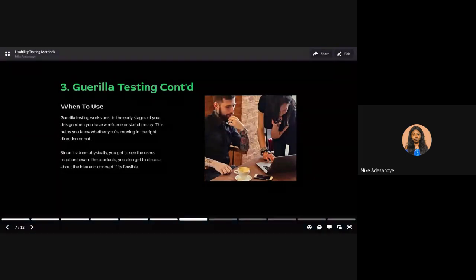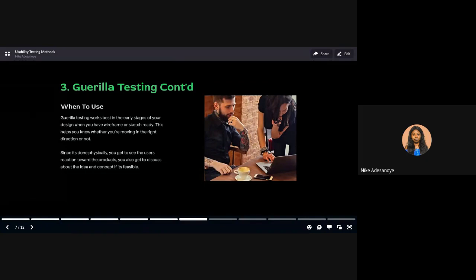I would always say it is advisable to tell users to always speak up. There is this method, thinking out aloud, because when you are conducting usability testing, you always tell users that they should not keep whatever they are feeling. If you feel something is not working, don't keep it to your mind and struggle with it.